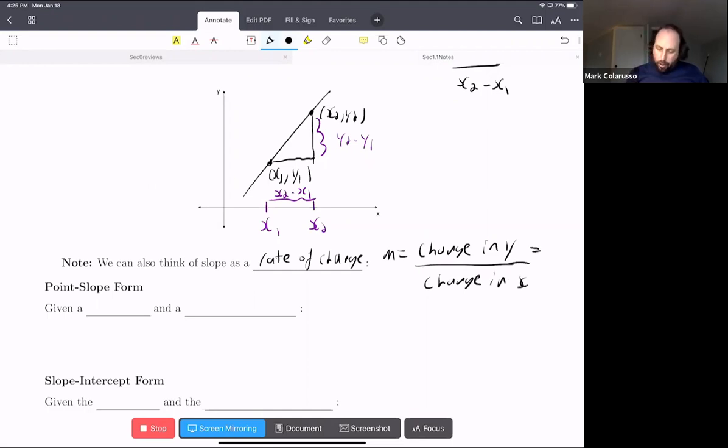And some people call this the rise of the line over the run. So the line is rising vertically as it's running horizontally, and that ratio of rise to run measures how, in some sense, quickly or steeply the line is changing. And this, in abstraction, perhaps doesn't make a whole lot of sense, but once we deal with some more concrete examples and do some in a little more detail, we'll explore this idea again.